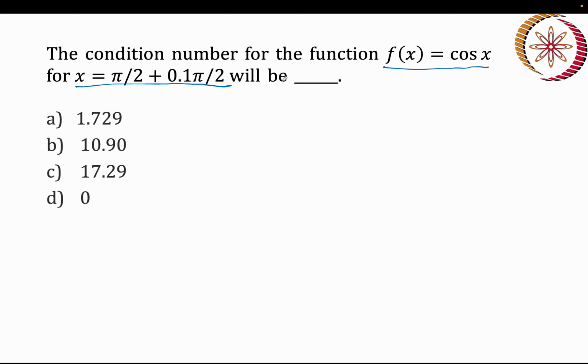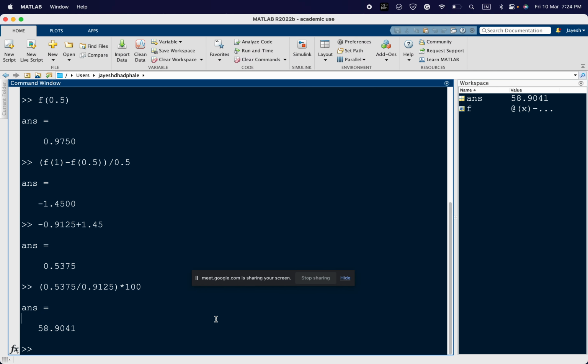So the condition number is given by x f dash x divided by f x. The x value is given: x is pi by 2 plus 0.1 pi by 2, and we can compute this, which is 1.7279.